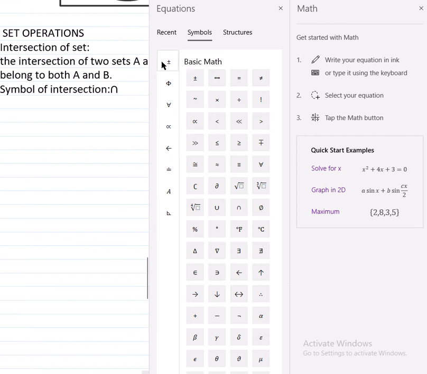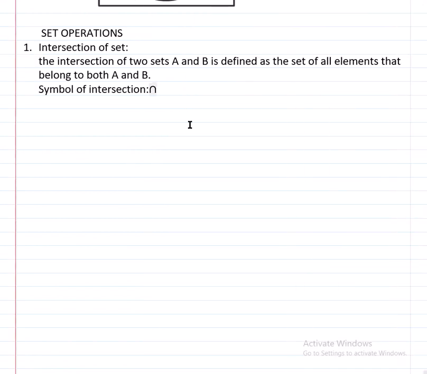Wherever we see this, it means that the two sets intersect each other. Now let's see an example.